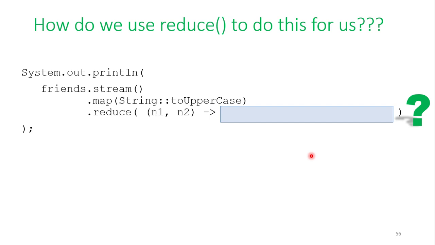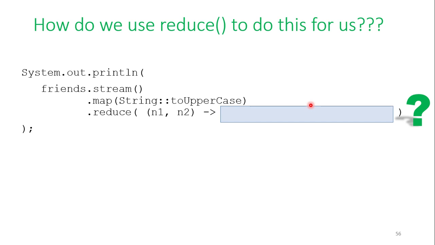Next step, well, I mentioned several times that joining was just a reduce operation, okay? So the whole point is we could do the same job with a reduce operation.